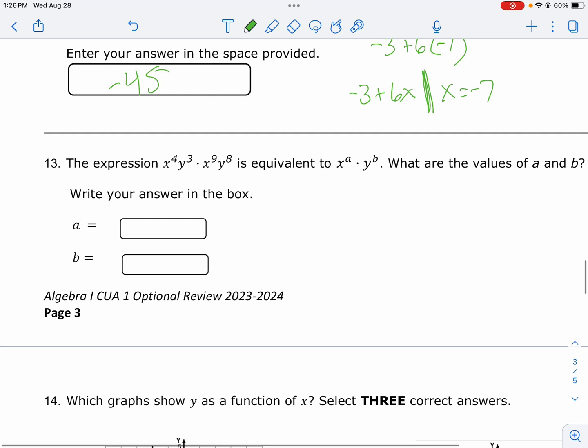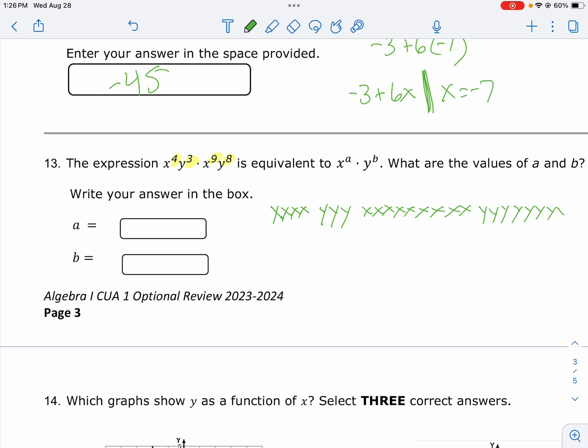Okay, here's another expanding problem. So all I have is a bunch of X's and Y's, and it's all multiplying. So I'm going to do 1, 2, 3, 4 X's, 1, 2, 3 Y's, 1, 2, 3, 4, 5, 6, 7, 8, 9 X's, 1, 2, 3, 4, 5, 6, 7, 8 Y's.